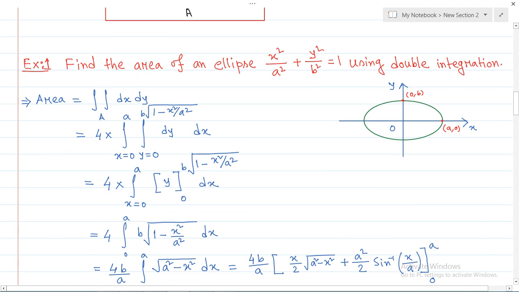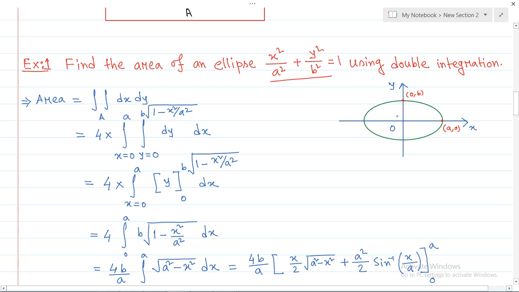So here we are going to find the area of an ellipse x square by a square plus y square by b square equals 1 using double integration. Here I have drawn the ellipse where a is the major axis length and b is the minor axis length. Now definitely this region is not the shape of a rectangle.